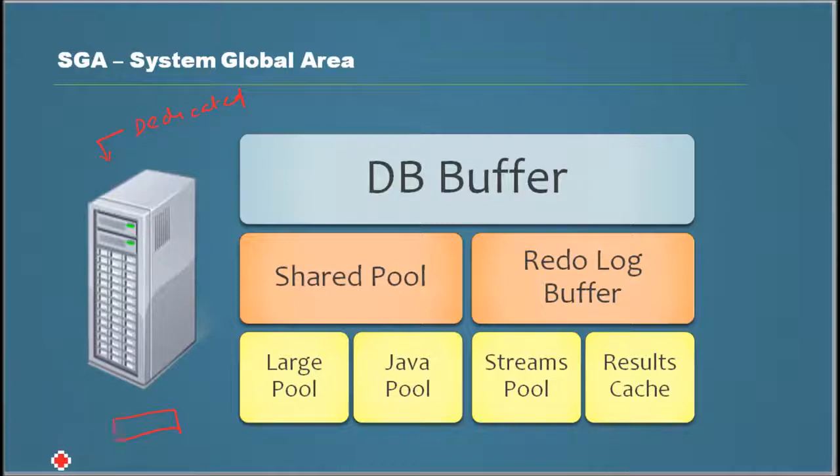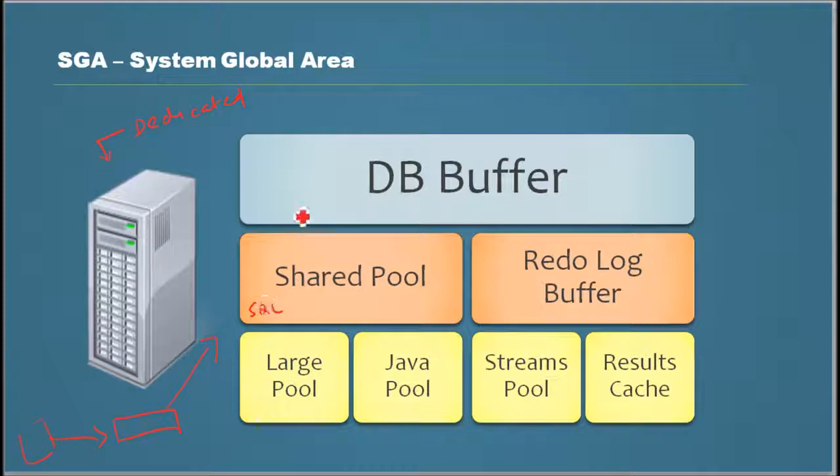When a user computer connects to the server, it opens a dedicated server process, and the dedicated server process talks to the SGA. When a user submits a SQL query, the query gets stored here in the shared pool.